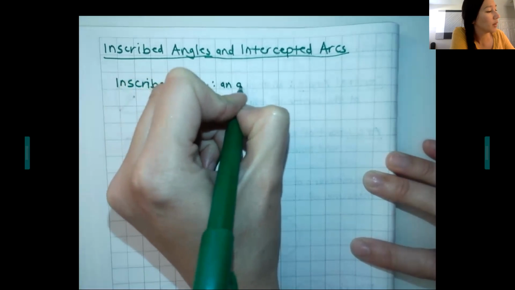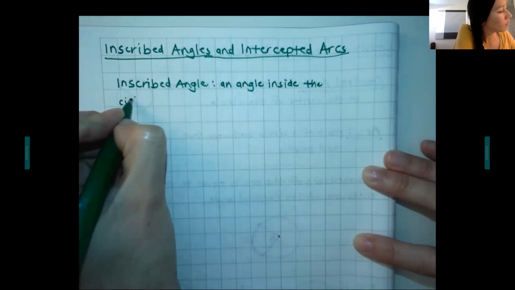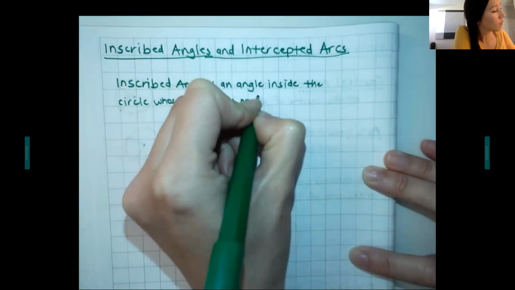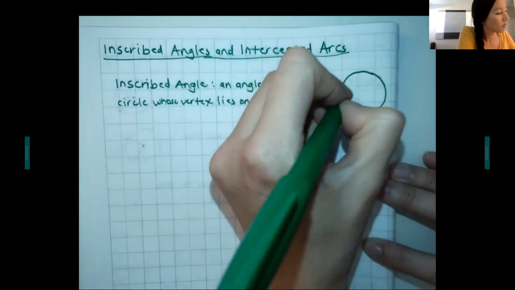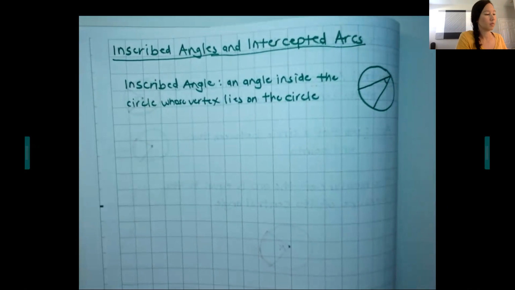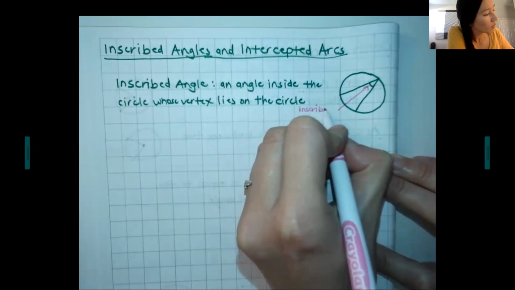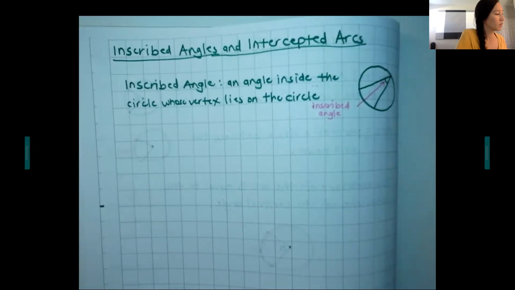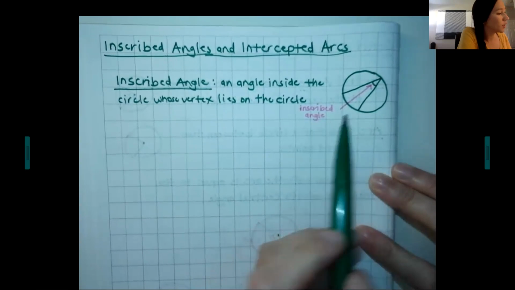So it'll make more sense once you see a picture. Okay, so this is our inscribed angle. So its vertex is on the circle.